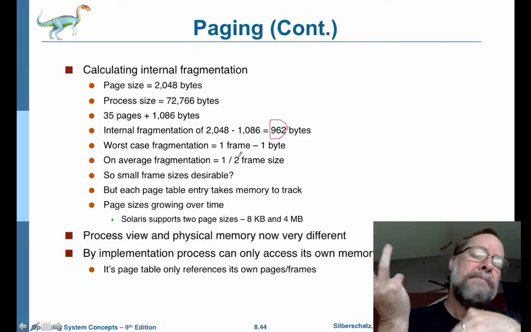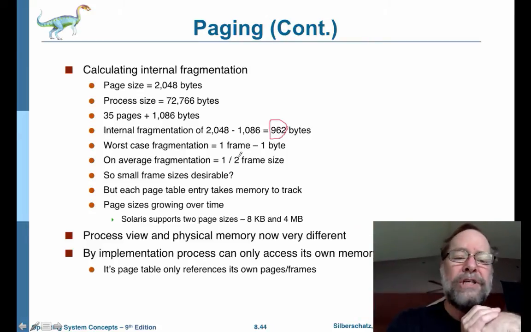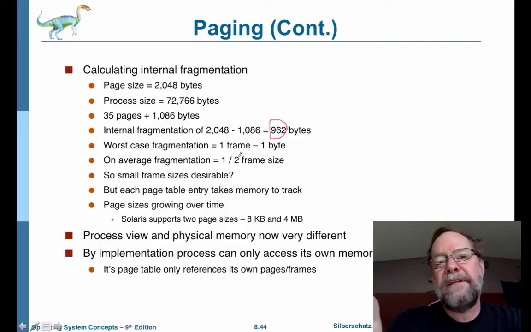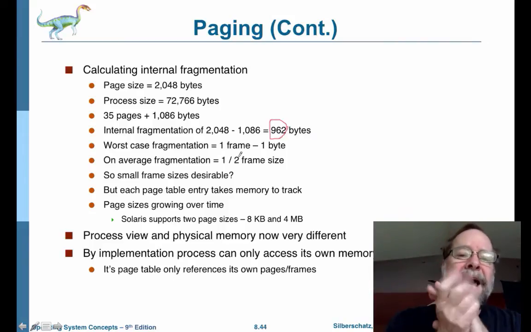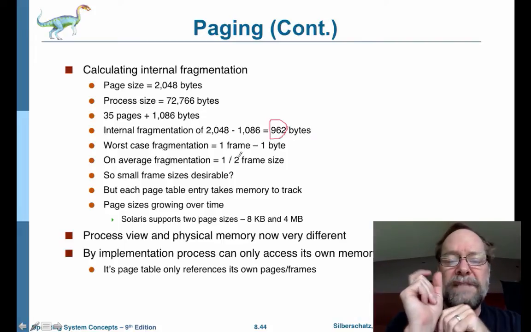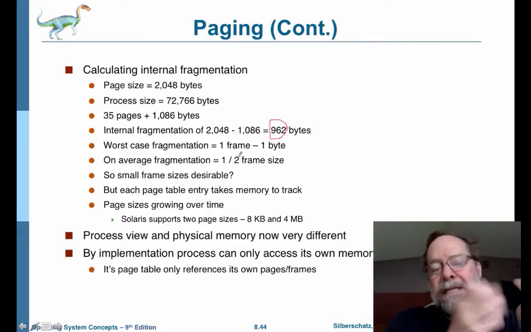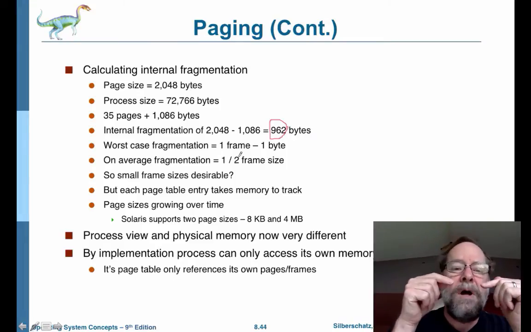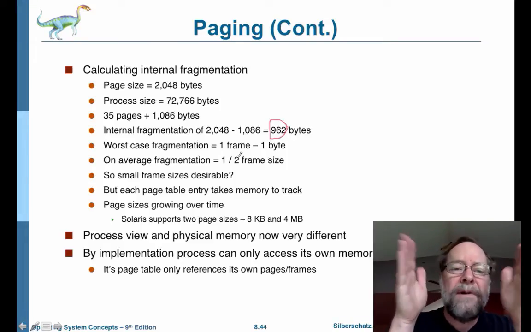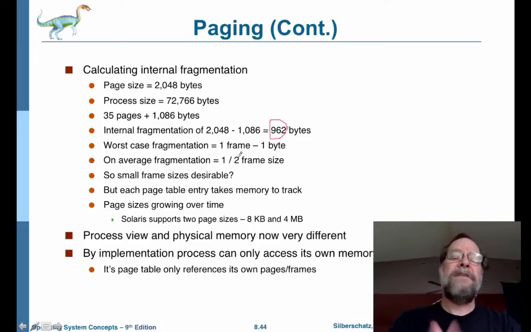So if you wanted to minimize internal fragmentation, you might think, okay, so I'll just make the frames very small. If the frames are small, then I'm wasting only 1/2 of the size of a very small frame. And that might seem like a good idea, but the problem with that is if you make the frames very small, then the number of frames in the system is going to get very, very large.